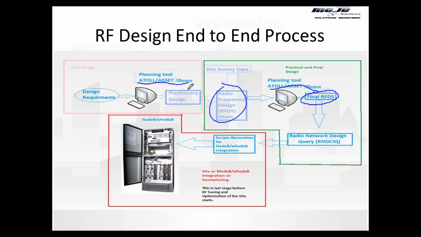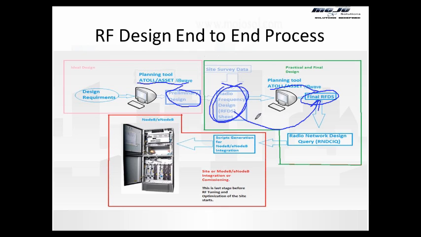So we had a preliminary design, which was essentially ideal. It did not have any information. We went to the site and found what is actually there, we start preparing the RFDS and put it in our planning tool. If it meets our design objectives, that automatically becomes the final design.